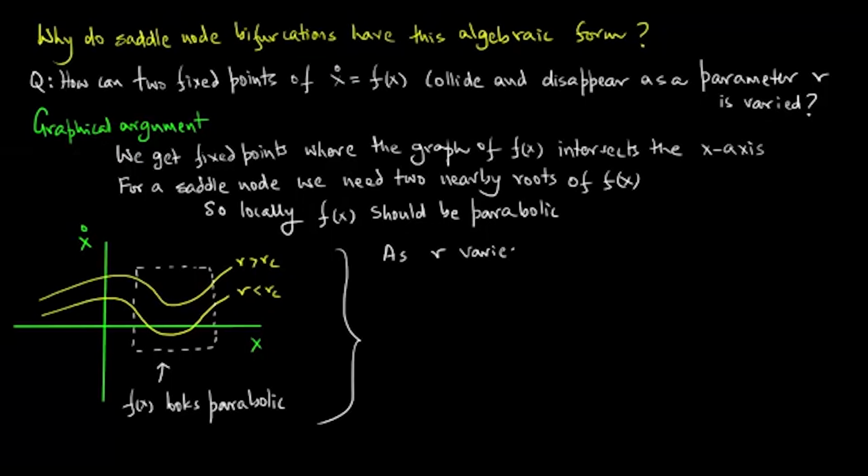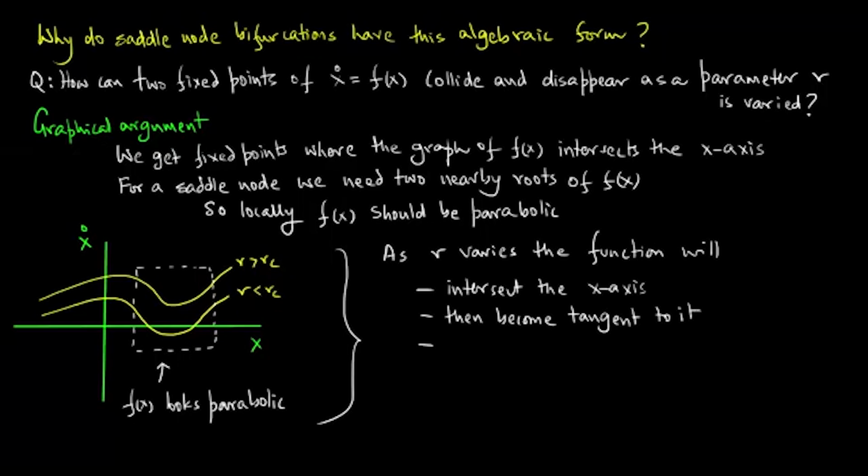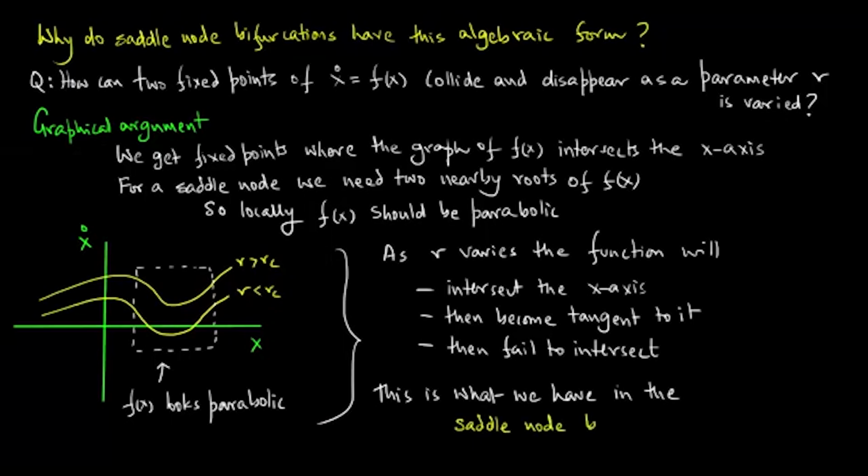So as r varies, the function will intersect the x-axis, then become tangent to it, and then fail to intersect. This is exactly what we have in the saddle node bifurcation. We now offer an algebraic argument.